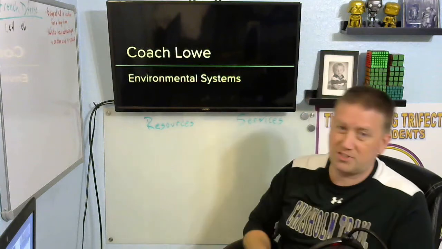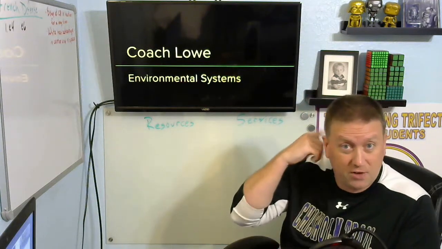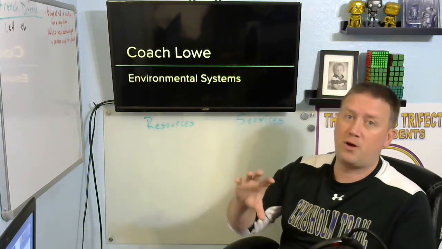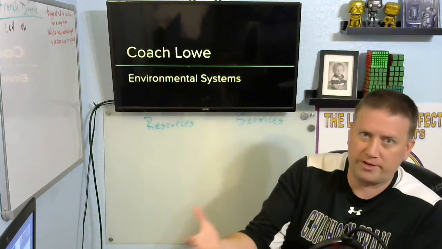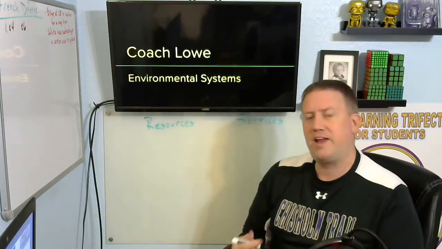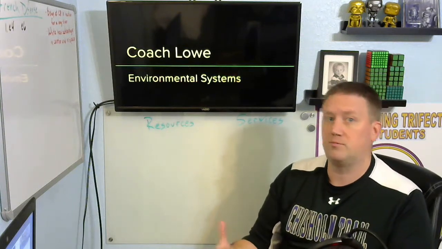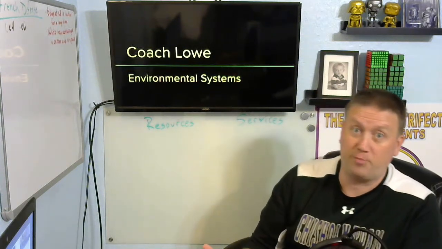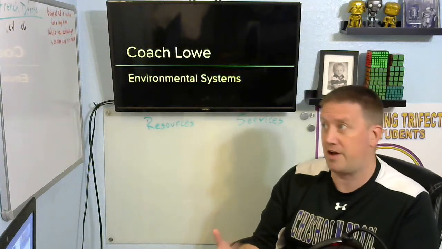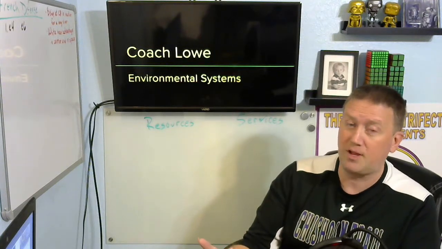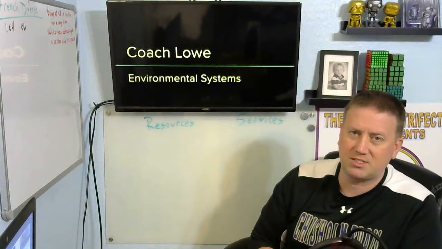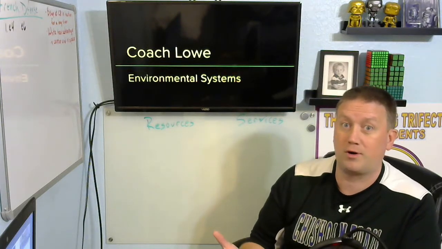So, resources are any physical thing that we take from the environment, from nature. That's why it's called a natural resource. Anything that we take from nature and we use basically for our benefit. All right, it's not always something that we need to survive. It's something that we use for entertainment.